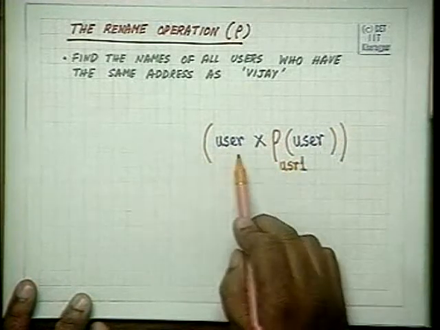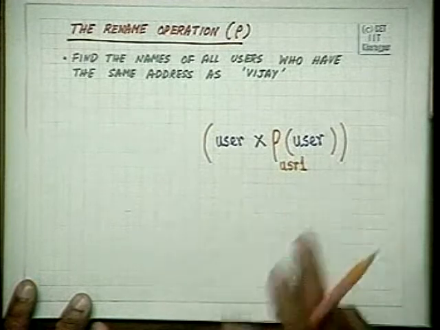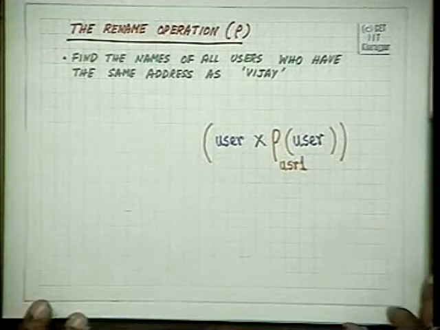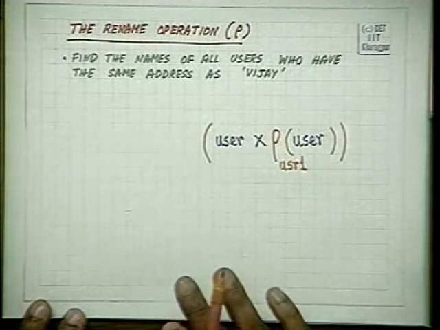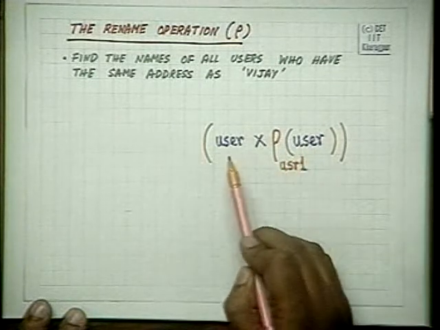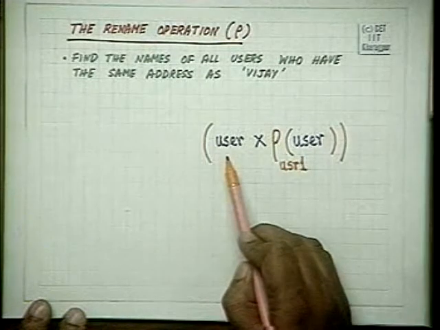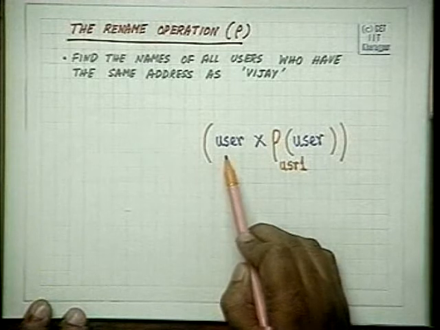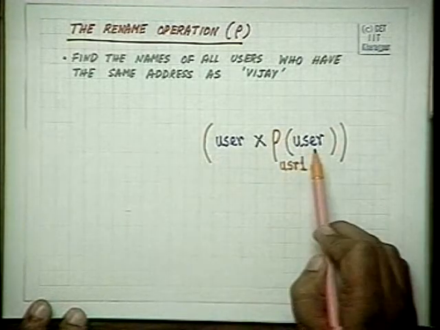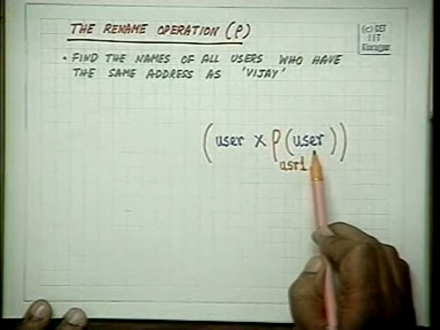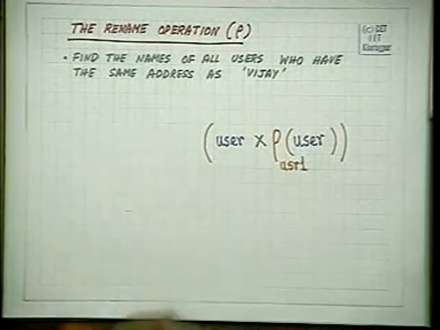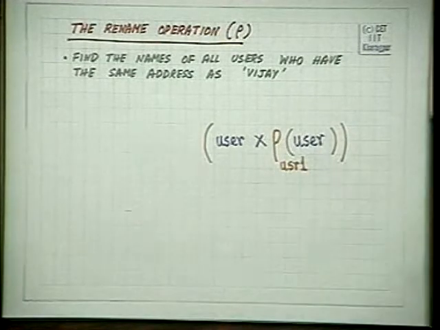Now we have got user and user1, and we have done a Cartesian product of these two. And we want to select those tuples for Vijay. We will identify the name of Vijay and the address of Vijay, and match with those which have identical names and addresses.